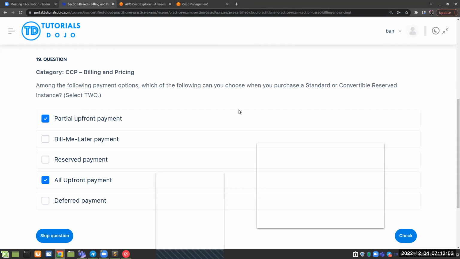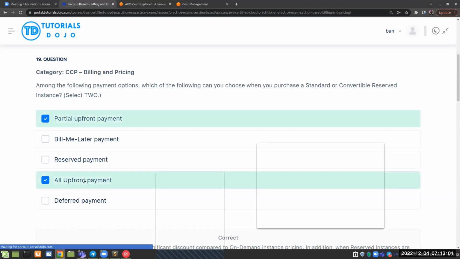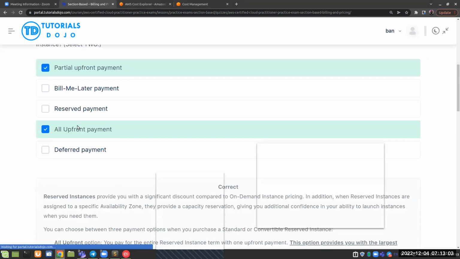So A and D. Those two are correct. There are only three options that we have. Which one is missing here? No upfront, right?